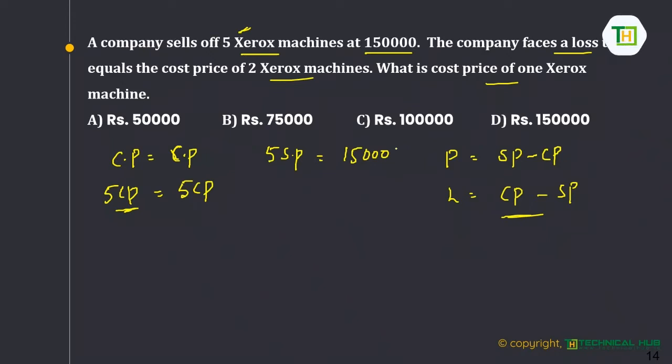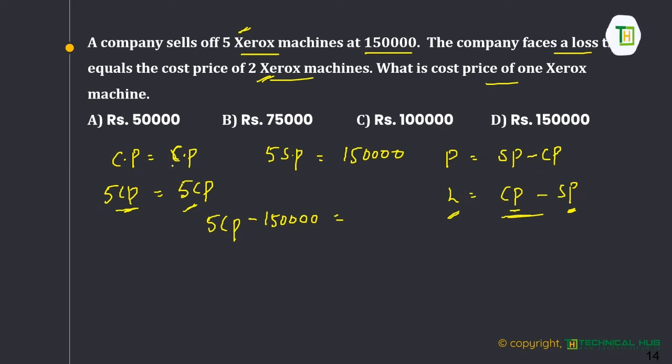You will get the loss. You know the formula, loss is nothing but cost price minus selling price. So the cost price of the 5 Xerox machines is 5 CP, and the selling price of the 5 Xerox machines is 1,50,000. The loss is equal to the cost price of the 2 Xerox machines.